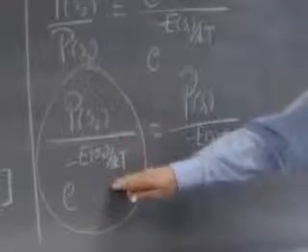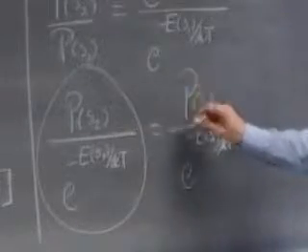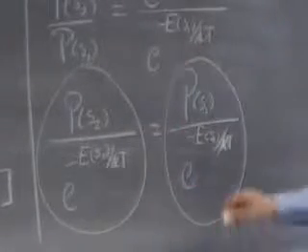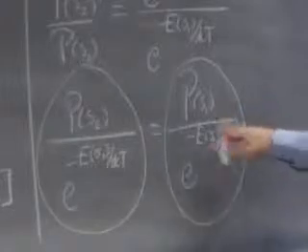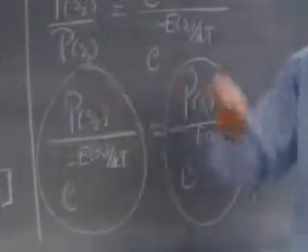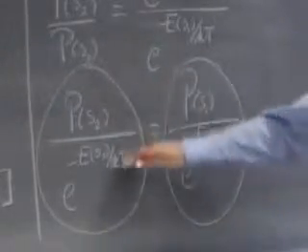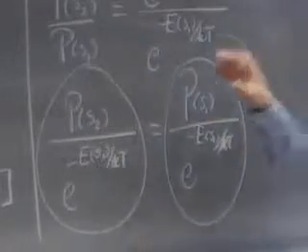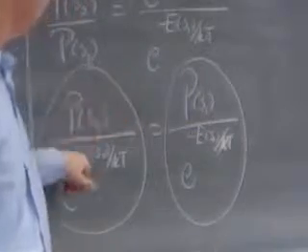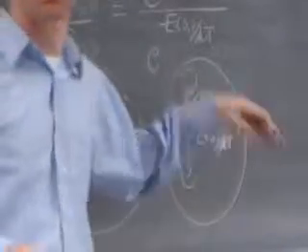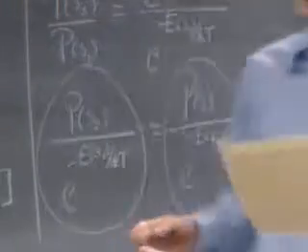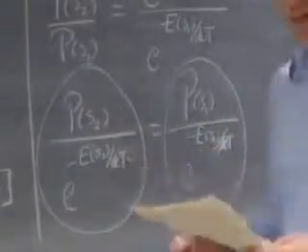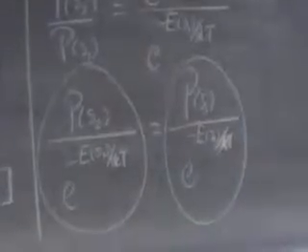This ratio does not depend on what S1 is. But if you take a look here, the right-hand side depends only on S1 and its properties. It does not depend on anything to do with S2. Yet the ratio is the same no matter which microstate we had picked. This ratio would be the same for every microstate. So that means, now I'm going to zoom back out a little bit.